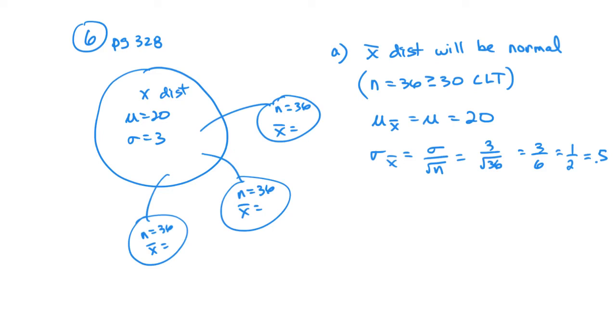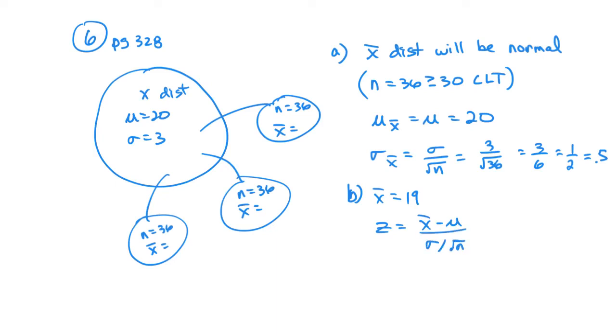So part B says, find the z-value corresponding to x bar equals 19. X bar equals 19. We want to find the z-value corresponding to that. Well, since this is x bar and not x, we have our new z-score formula.